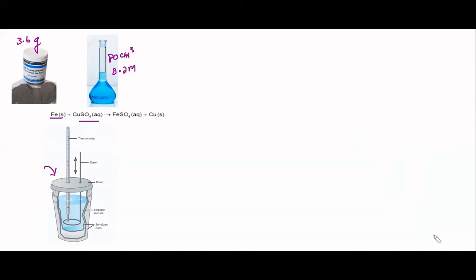The formula to calculate the quantity of heat absorbed or released is Q = mcΔT. Here m is the mass of the solution, and we are assuming this mass to be 80 grams. You might be wondering where we are getting this 80 grams from. It's already stated that we are using 80 cm³ of the solution for this experiment.